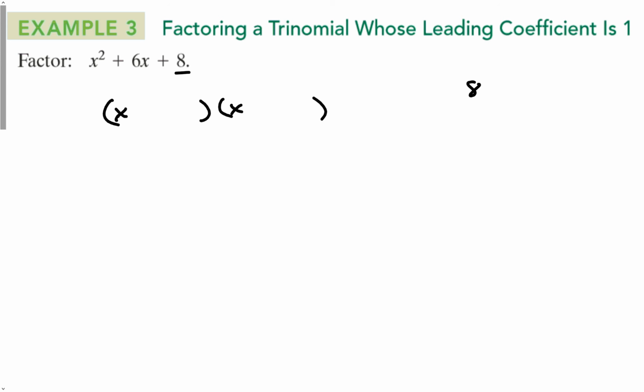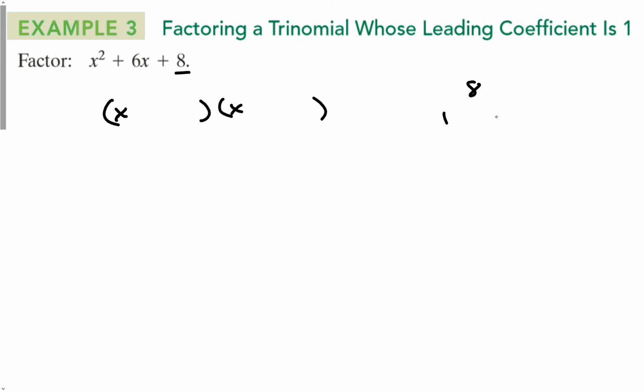Because the only way to get a positive 8 by multiplying the two last numbers is to have them both be positive or both be negative. So the sum has to be a positive 6, which means that if both are the same sign, you are going to add the two things together, and the only way to get a positive is if they are both positive.